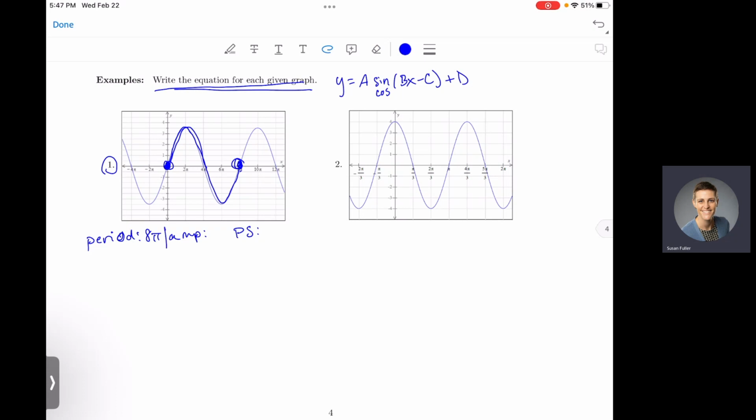Okay, what's the amplitude of this function? Again, amplitude is the distance from the midline up or from the midline down. So this function goes up 3.5 and down 3.5. So my amplitude is 3.5.